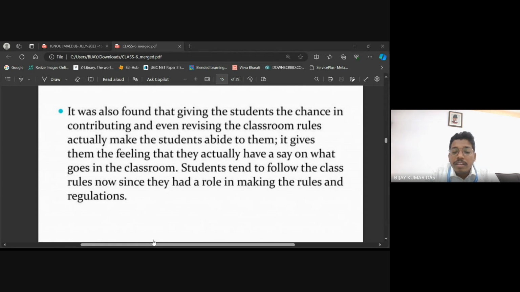You may note that students tend to follow the class rules now since they had a role in making the rules and regulations. If we are very strict, more stringent, and make our classes very rigid, the students will face difficulty in expressing their opinions or whatever ideas come to their mind.